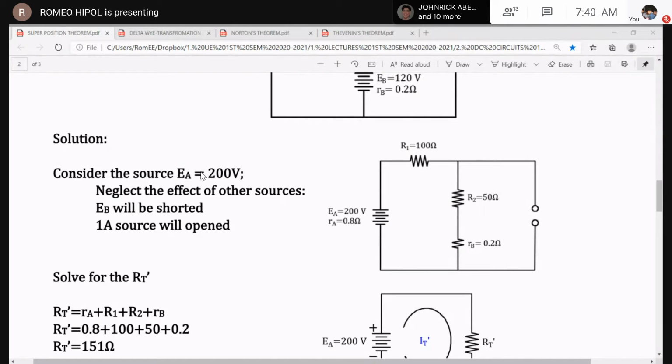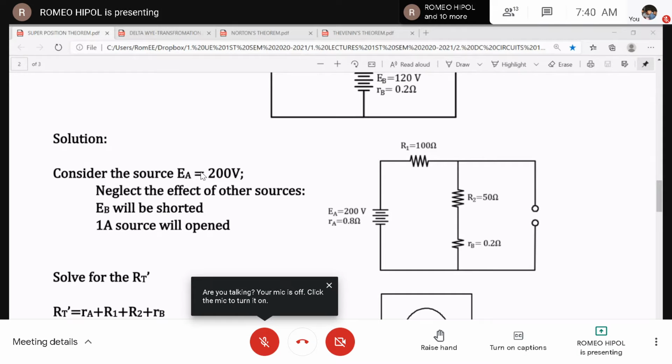Wait. Hindi ko na nabago yung PDF file. Sige. I-double check ko na lang ulit mamaya. Yung PDF file hindi nagbago. Ay, hindi ko na i-overwrite. Wait lang.